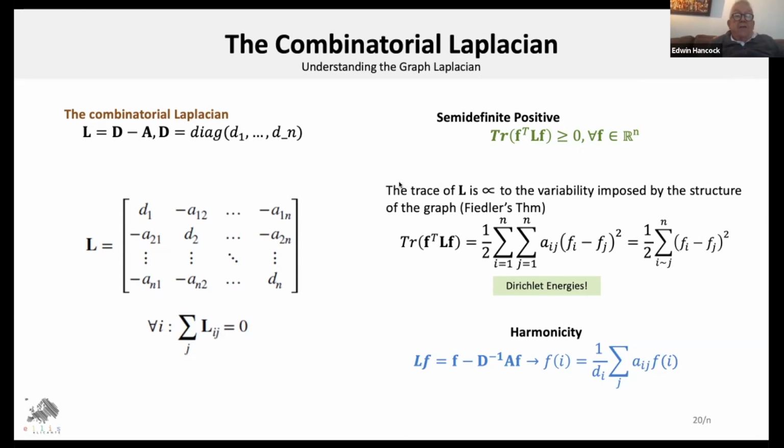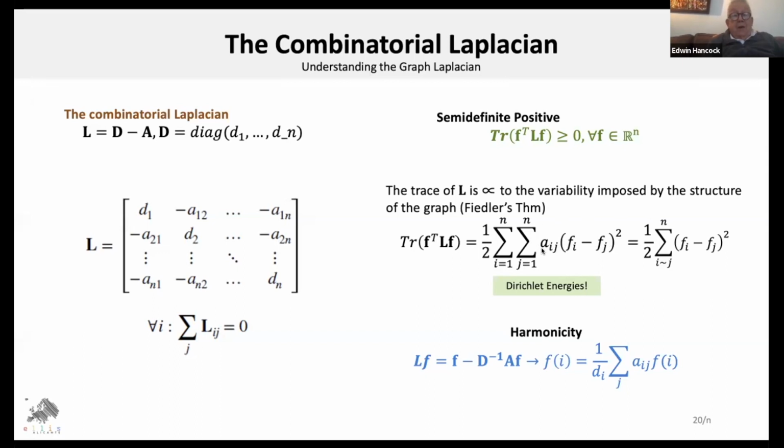So the trace of the Laplacian gives us exactly the variability that I was talking about in the previous slides. If we take the trace of the Laplacian pre-multiplied by the transpose of f, post-multiplied by f, then that's just equal to 1/2 the sum over all pairs of nodes, the weights associated with the edges, times the difference in the function values at the nodes connected by an edge.